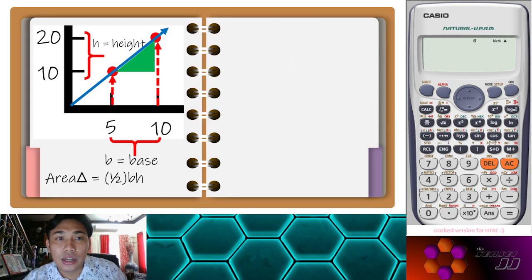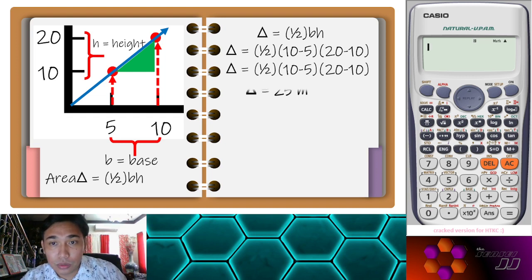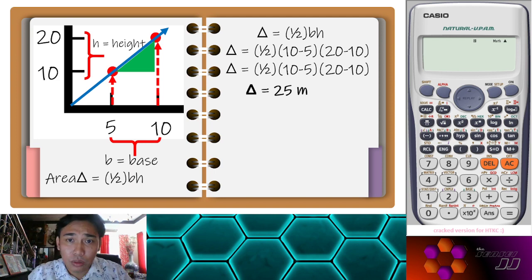Proceeding here, we can get the area of the triangle, which is 1/2 base times height, which is 1/2 times 10 minus 5, which is our time, multiplied by 20 minus 10, which is our height from the velocity side. From our time side, that is 10 minus 5. With that, we can get the value of the area of the triangle, which is 25.